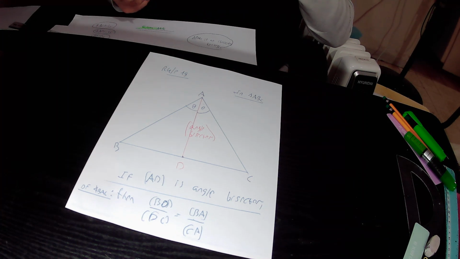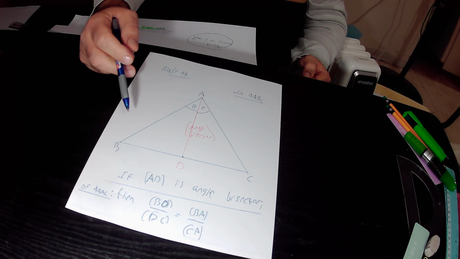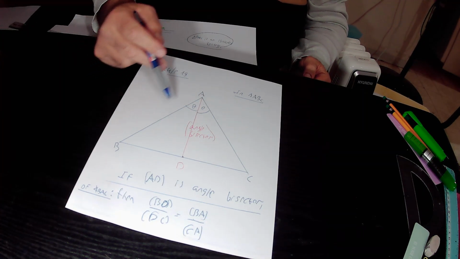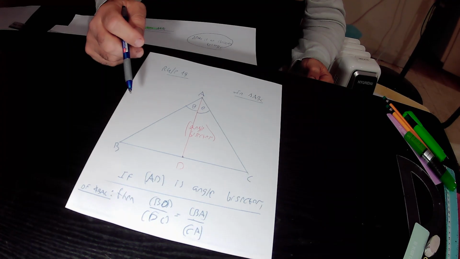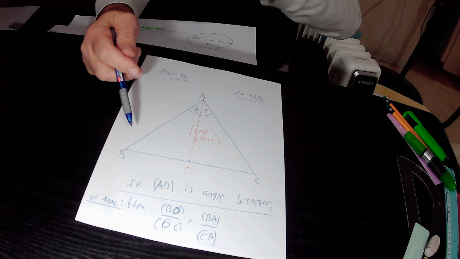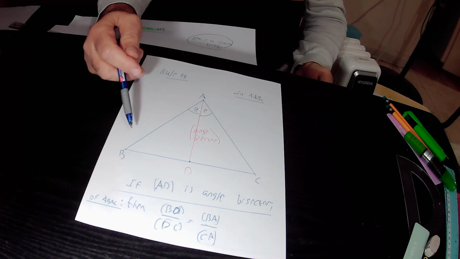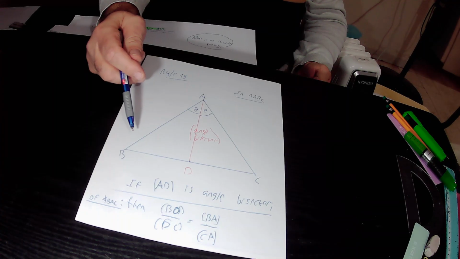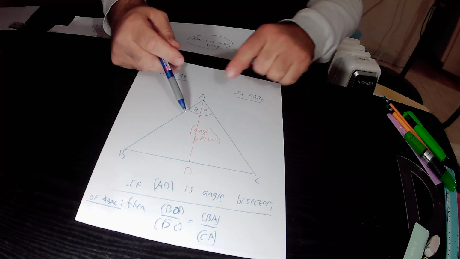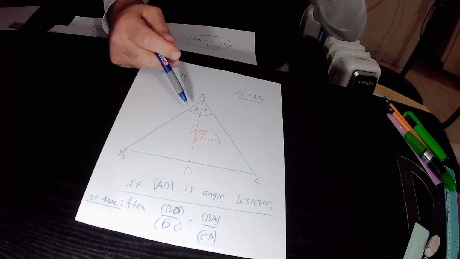The other direction says that if BD over DC equals BA over AC, then line segment AD is the angle bisector of triangle ABC.